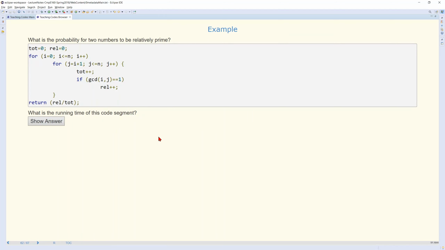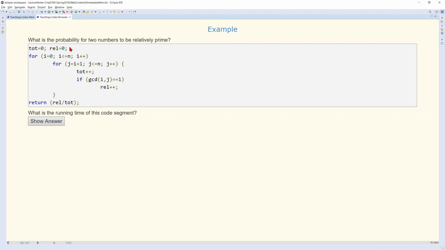How about, for example, checking if two numbers are relatively prime? Pay attention, relatively prime means the numbers need not be prime, but relative to each other, they are relatively prime, which means they cannot be divided by each other.